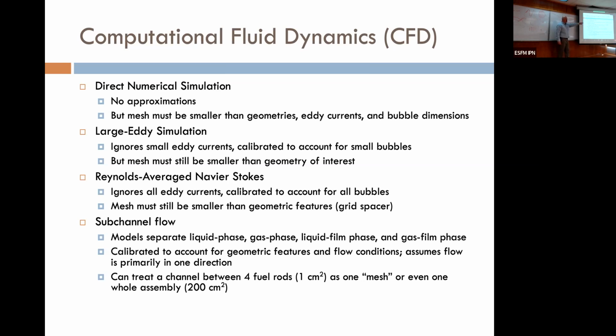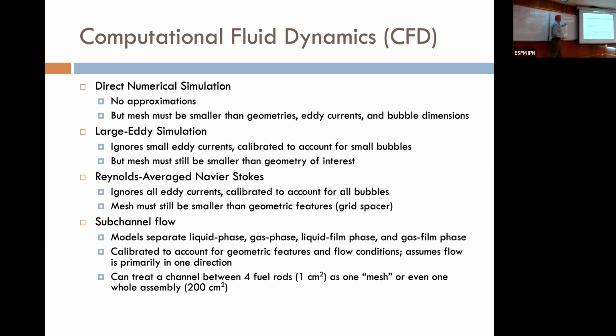And if I have small bubbles, let me put in some terms to account for those small bubbles. Now I've created sort of an approximate DNS simulation. But I still have to make sure that my mesh is smaller than these eddy currents and smaller than all of these geometric features.